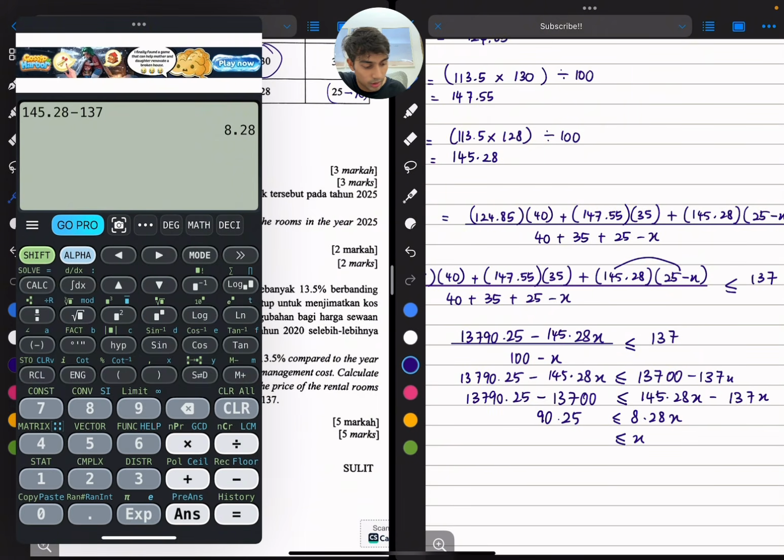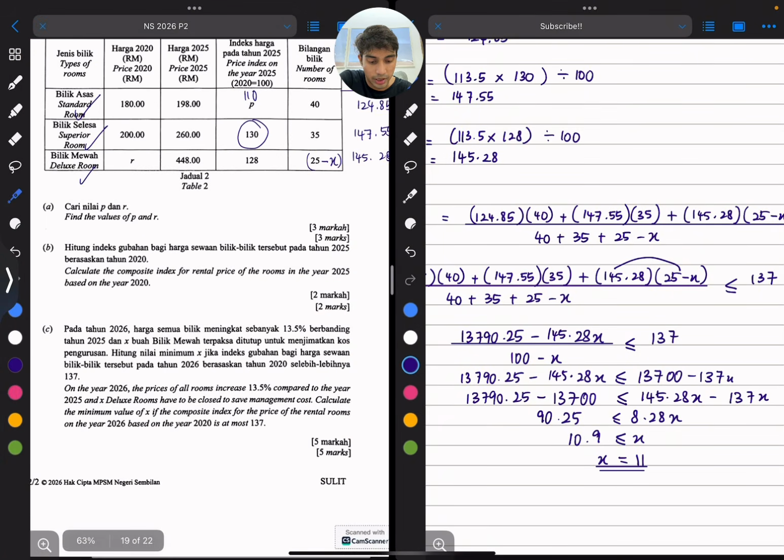So x is more than or equal to 10.9. Since we can't close down 10.9 rooms, we can only close down 11 rooms. So x has to be 11. Done.